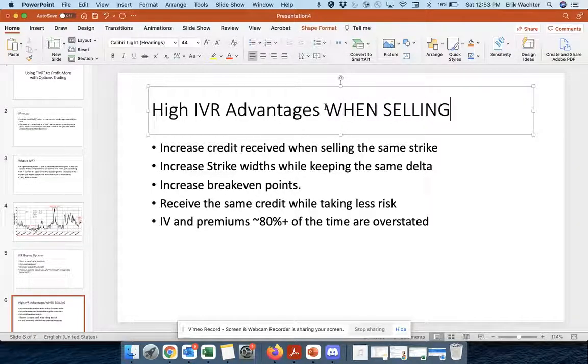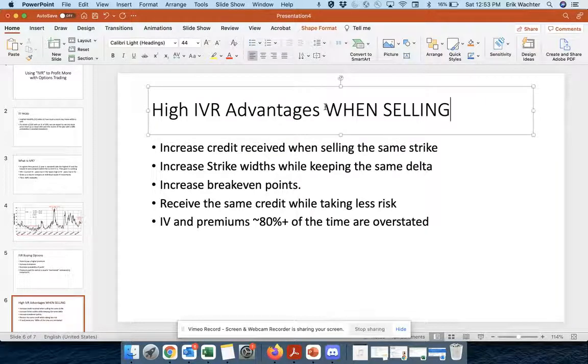So when you're selling an option that has a high implied volatility, you're going to increase the credit you receive, okay? So if you're selling, let's say, a 20 delta put, in a high implied volatility environment, you're going to receive a higher credit.